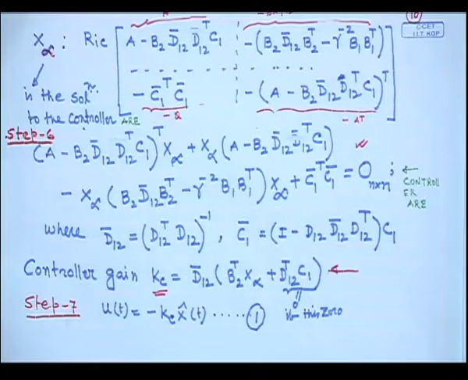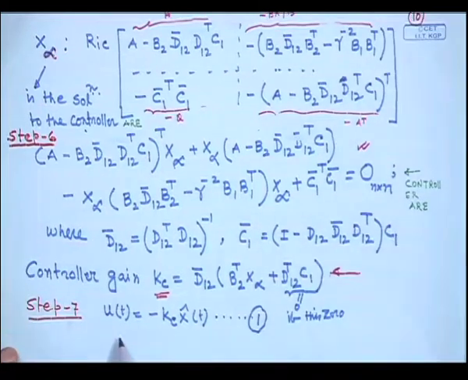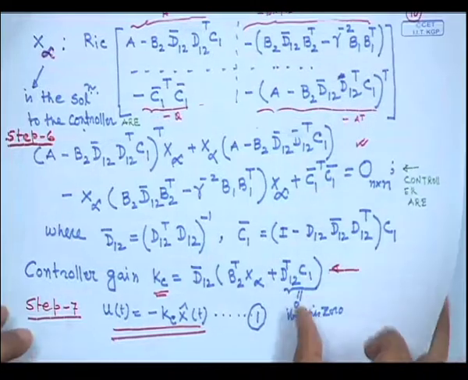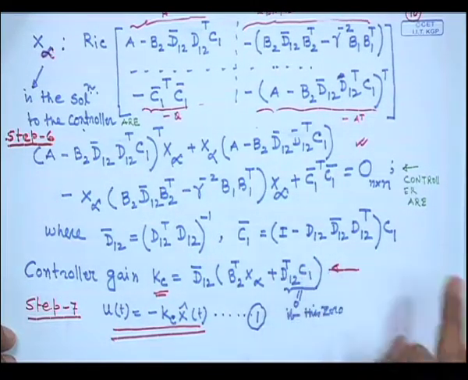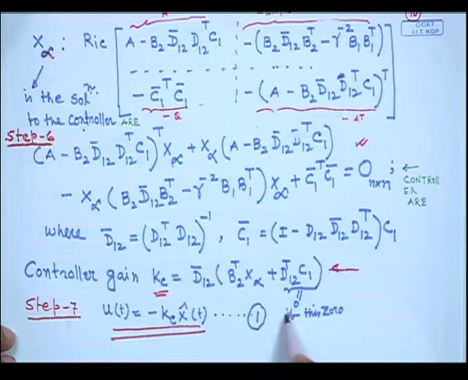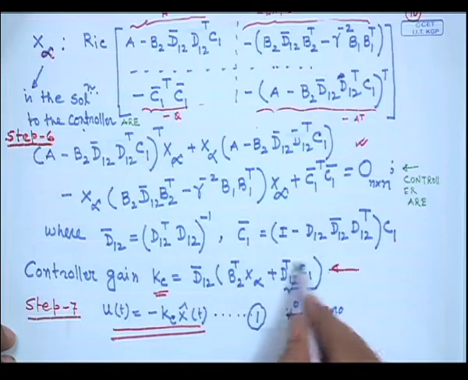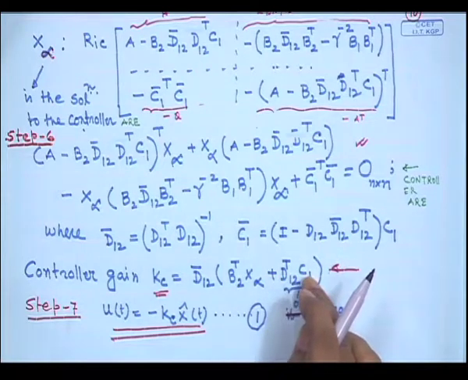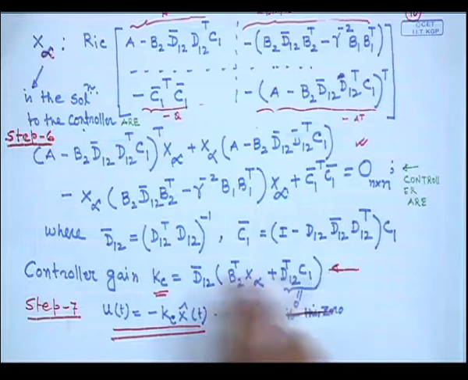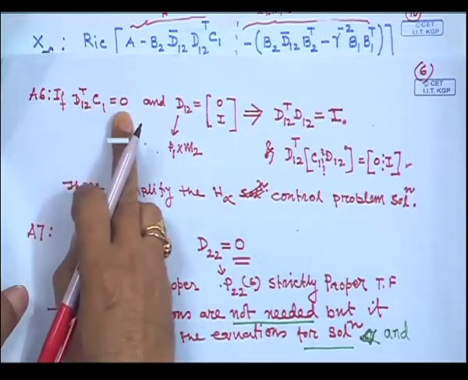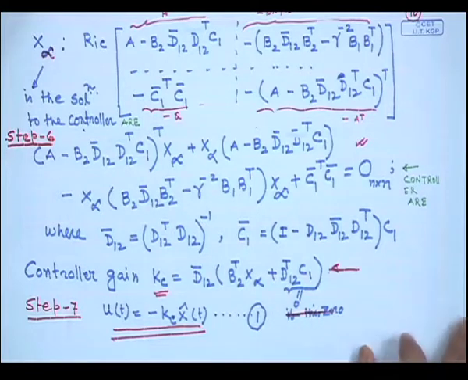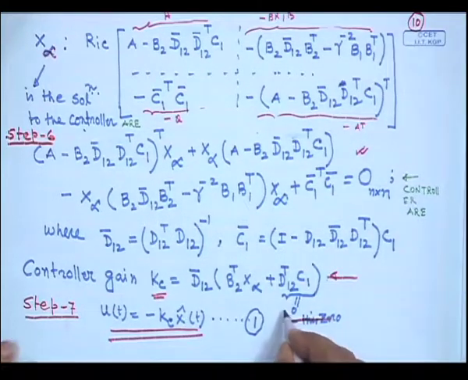Okay, so our controller gain is that one. If this quantity is 0, then this term will not be there, as we considered in this assumption. If D1 to transpose C1 is 0, then naturally this will not come into the picture.